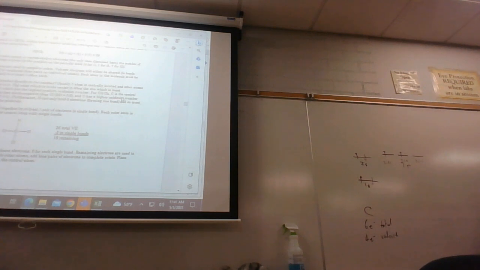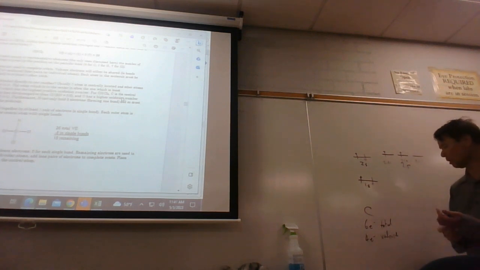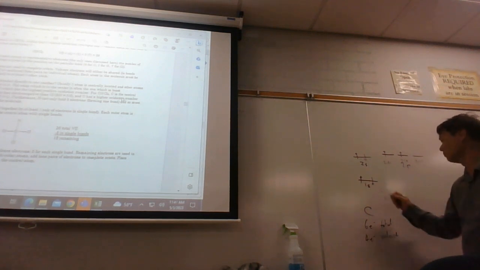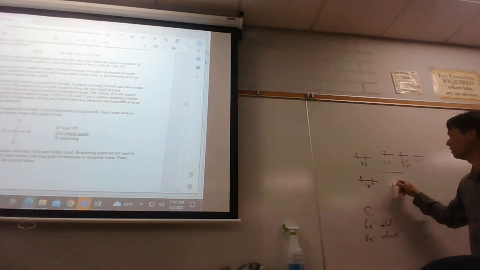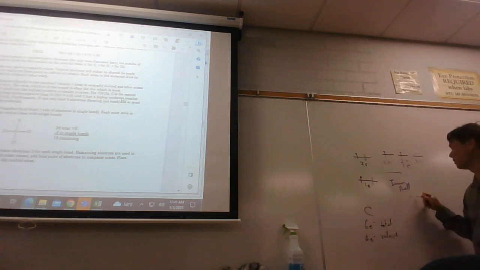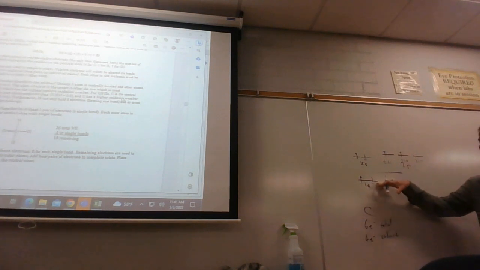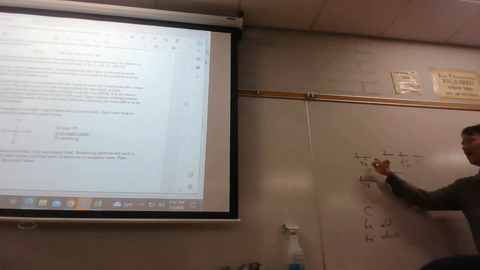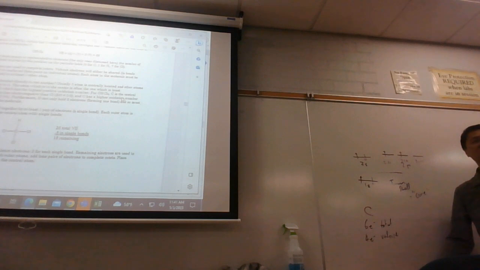And then I'm done. So we have 2 core electrons, or inner shell electrons, which we label the core. These core electrons do what to these outer electrons? They shield.